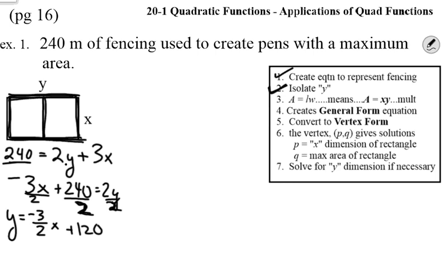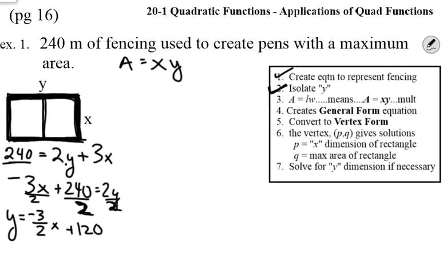All right, now we need to get our equation. We're looking at the area of that particular rectangle, which is length times width, identified here as X times Y. So the area of that rectangle is X times Y. But I don't want 2 variables on that side.